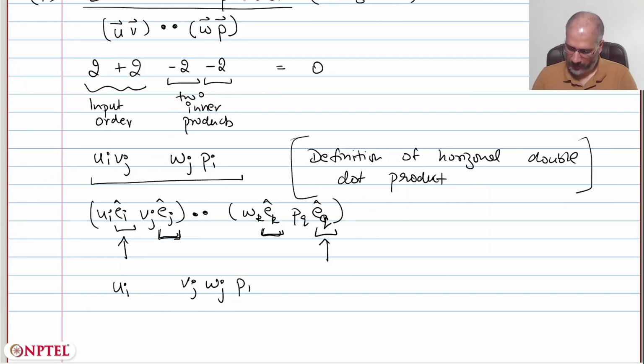So I get a PI. So this is the same as what we had here. Alright, so this is the definition of a horizontal double dot product. Again, this is not as arbitrary as it may appear at this stage, but we'll see that later when we start using these products.